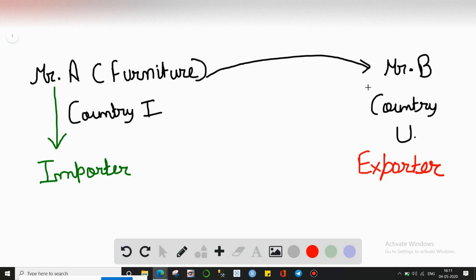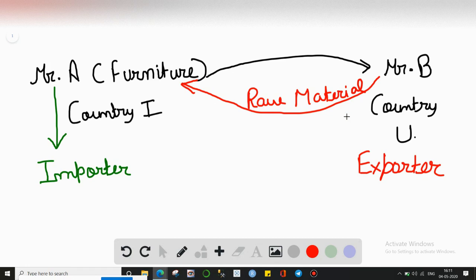Now Mr. B will transfer the woodlogs, like raw material, we can say. And against that, Mr. A will make payment to Mr. B against the purchase of raw material.